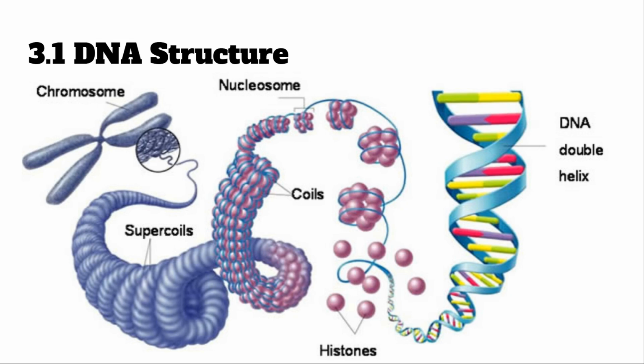The coils are going to supercoil together into chromosomes. If you've ever taken your hoodie string or a shoelace and you've twisted it until it spins up into a coil, this is a very similar idea to that, except we've got some histones in the mix to make the initial coils.